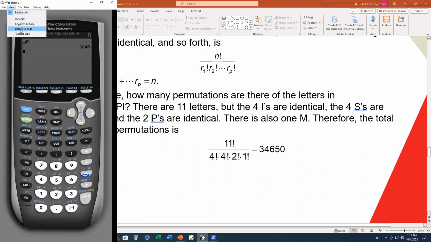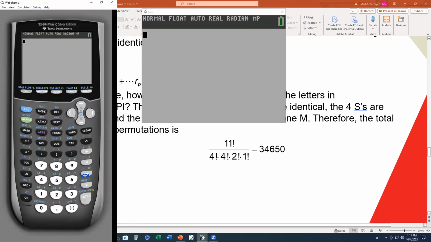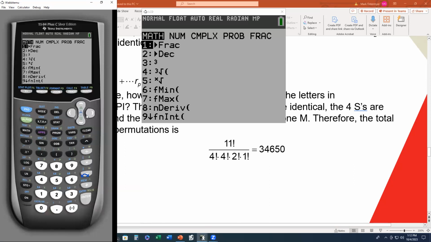And let's show you how to do this on the calculator quickly. So we would have 11, and we got to go get the factorial function.